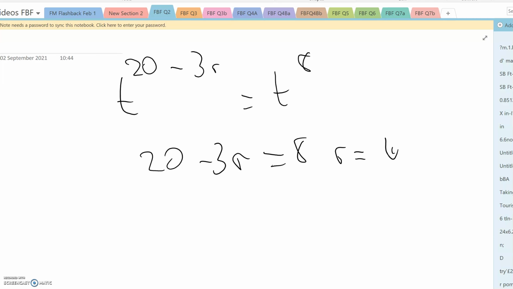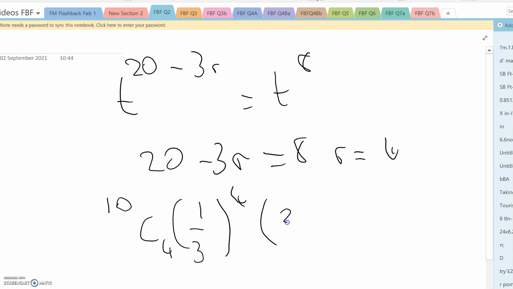And that means that the relevant coefficient is going to be 10 choose 4 times (1/3) to the 4 and (2/3) to the 6th, and that comes to 0.228.